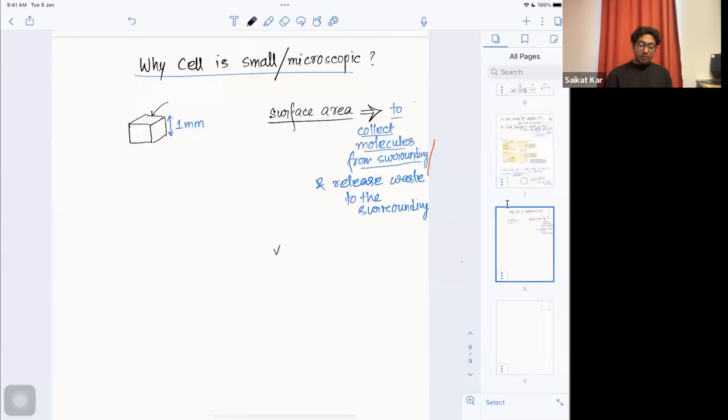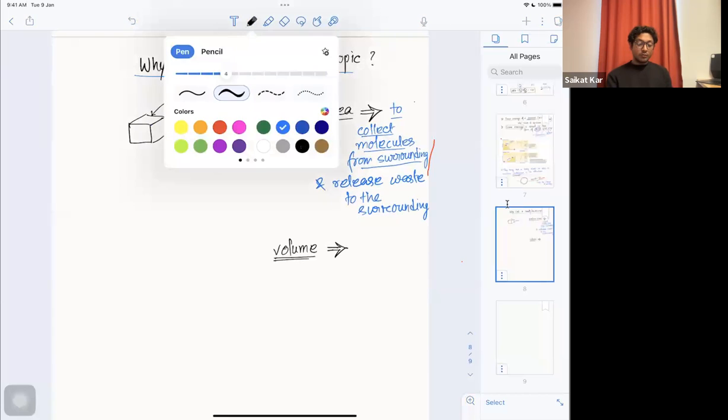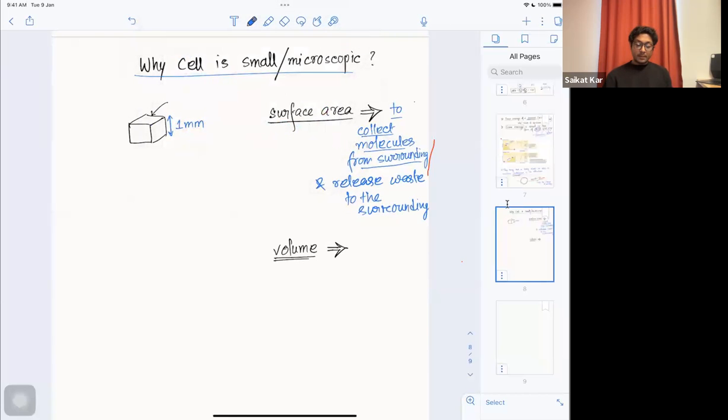And what is volume doing in this case? More volume means more reactions should occur.